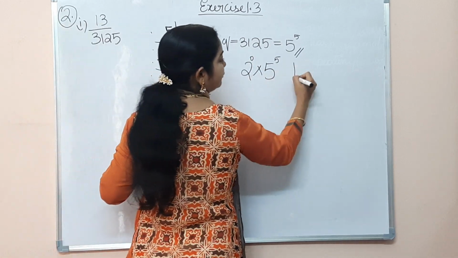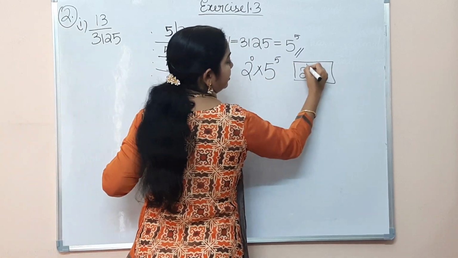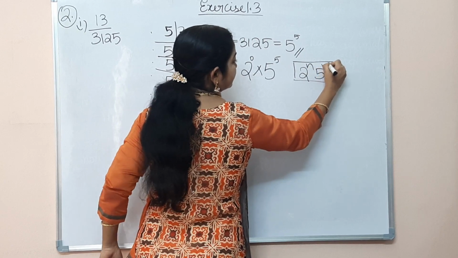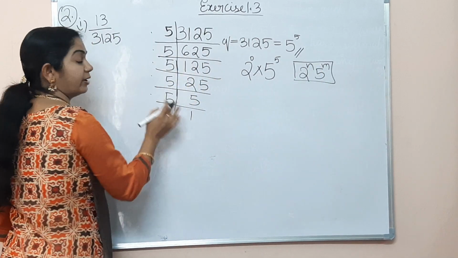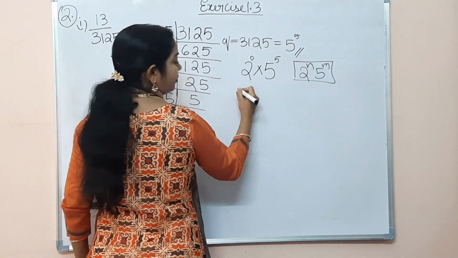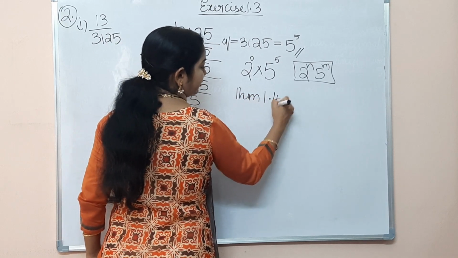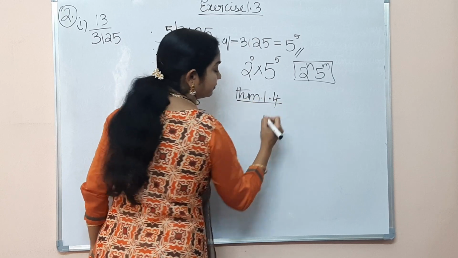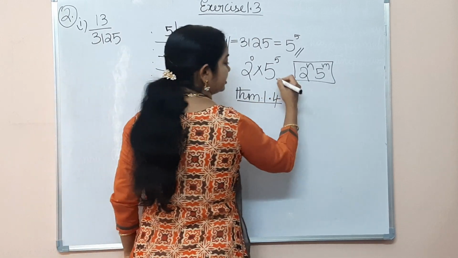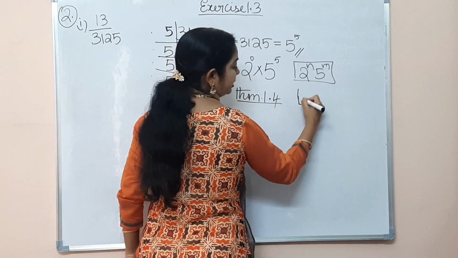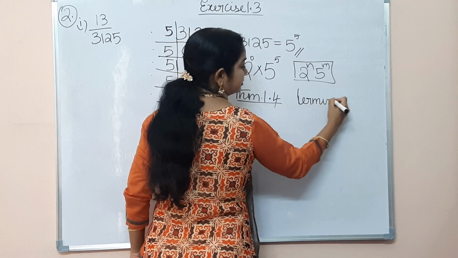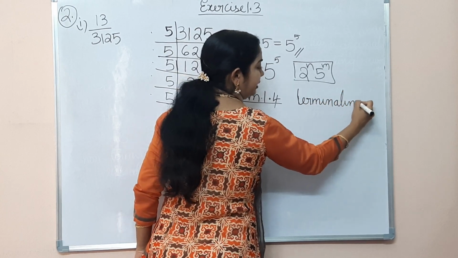This is in the form of 2^n 5^m. So according to theorem 1.4, this decimal expansion terminates, or you can write terminating decimal.